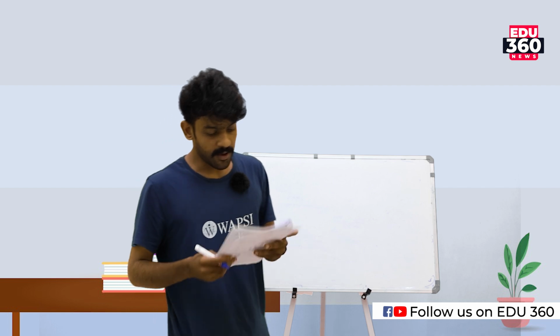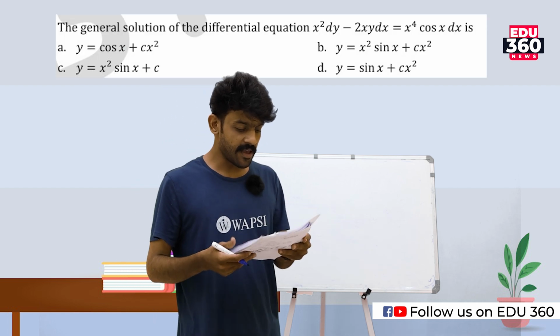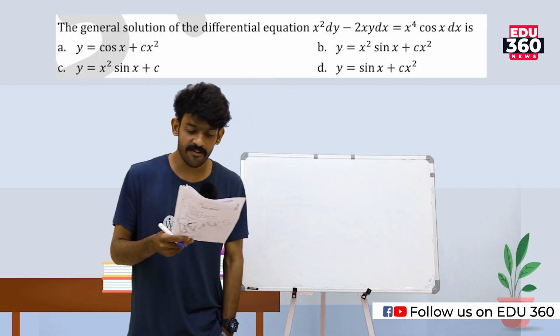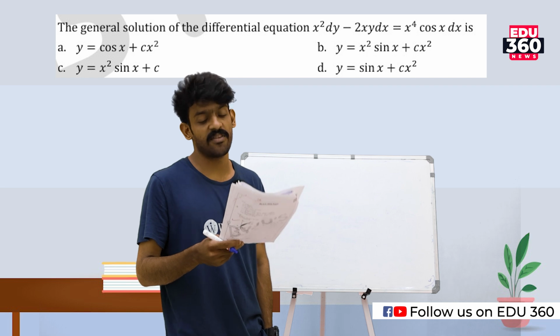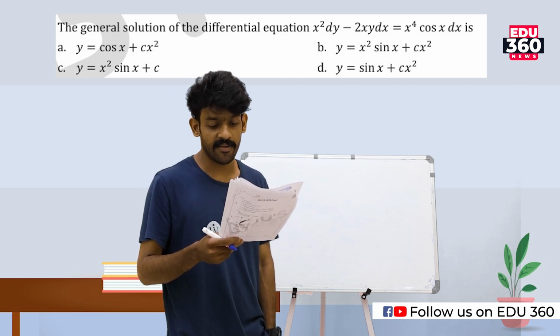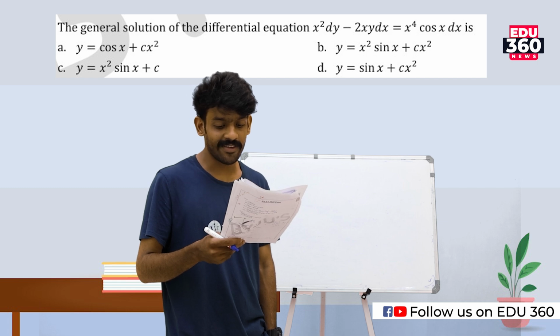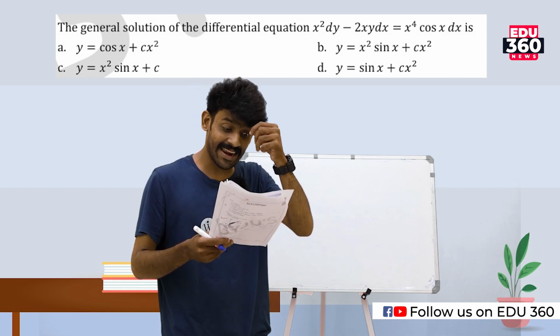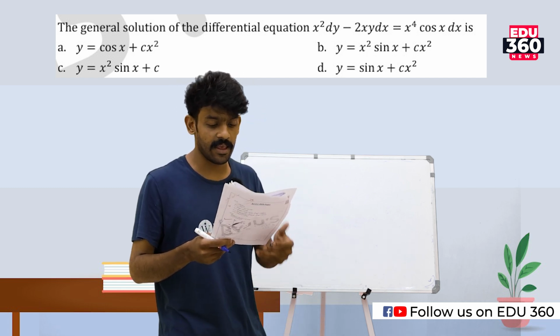Okay. So the question is the general solution of the differential equation. The differential equation is given as x squared dy minus 2xy dx is equal to x raised to 4 cos x dx. We need to find the general solution of the differential equation.